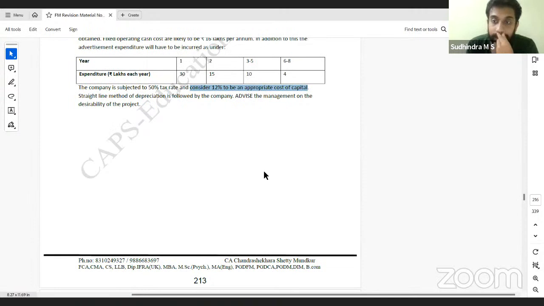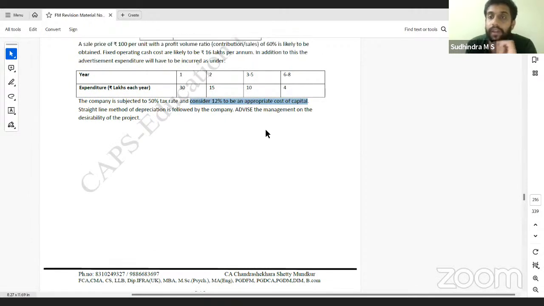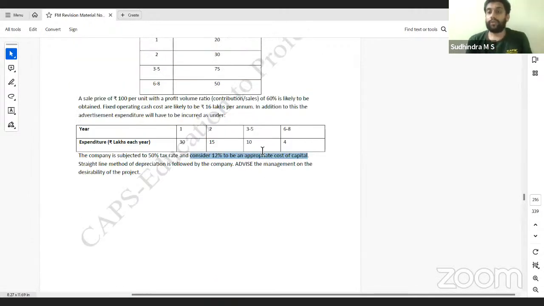Write down. Working capital. Initial working capital required shall be treated as cash outflow at the start of the project, year 0.